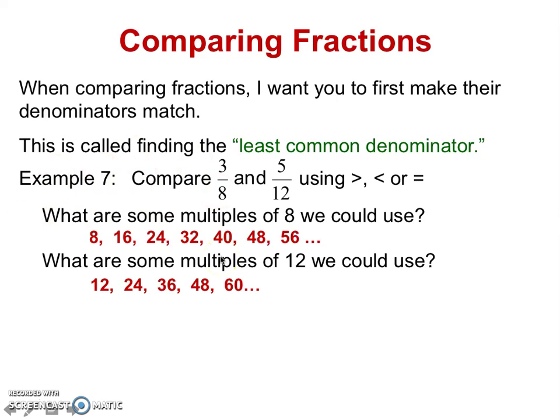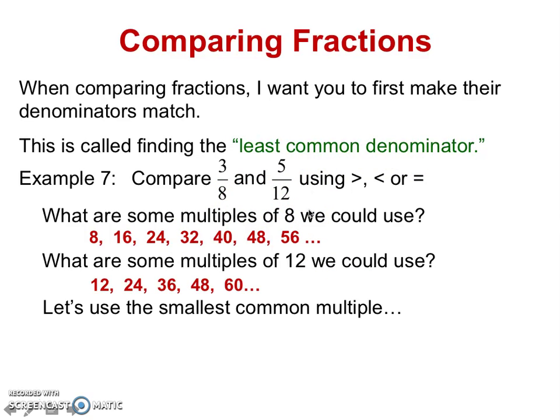And then I'm going to look for the least common denominator. So least is smallest, common means what do they share, and denominator, the multiples of 8s and 12s. So the least common denominator that I could use, or the smallest common multiple, would be 24. All right, so I'm going to rewrite these. I'm going to take my 3/8 and make it equivalent to something over 24.